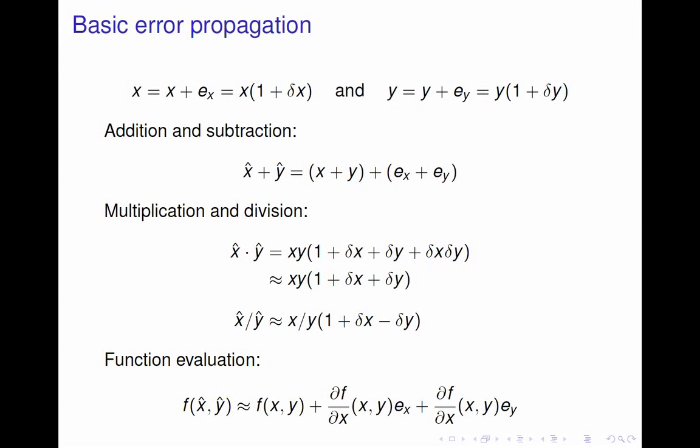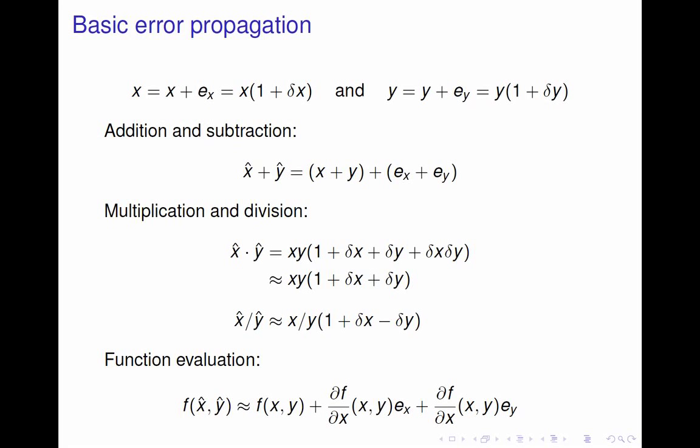So once error gets into a calculation, it doesn't matter if we do everything perfectly after that. It's going to propagate through and it's going to affect our final results. So what are the basic ways that error propagates? Suppose I've got two quantities, x hat and y hat. I've got some absolute errors, e sub x and e sub y, and some relative errors, delta x and delta y.